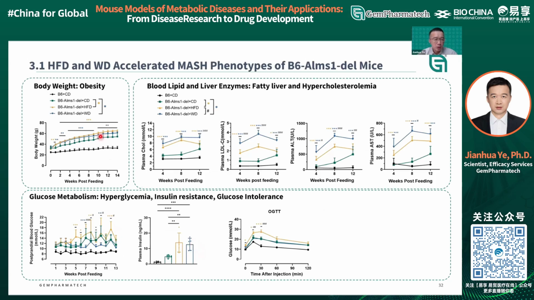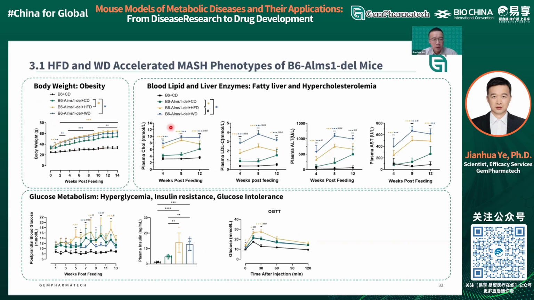So this is our data. We can see here that on chow diet, this green line, the AMS1 knockout mice, its body weight is heavier than the normal mice. But if we feed the AMS1 knockout mice with high-fat diet or Western diet, the body weight increased much faster.